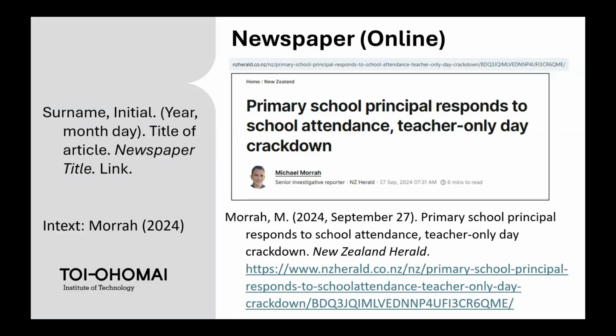The title is in normal case, primary school principal responds to school attendance, teacher only day crackdown. We then put the title of the newspaper, New Zealand Herald. As this is the name of the paper, New Zealand and Herald are picking up capital first letters. We then finish off with a link to the article.